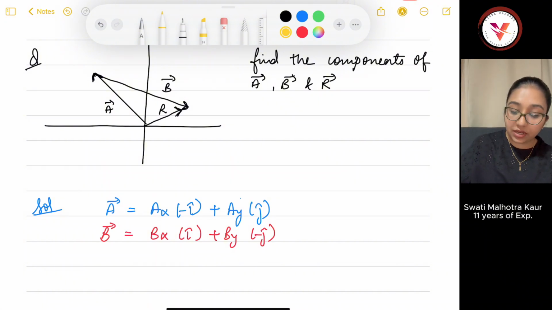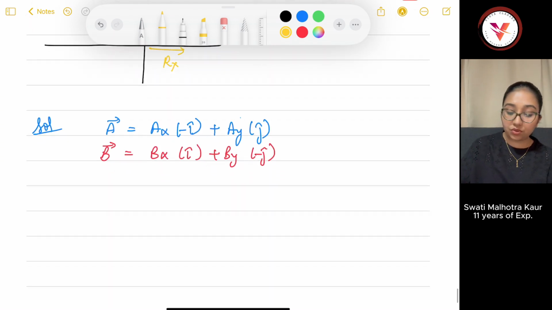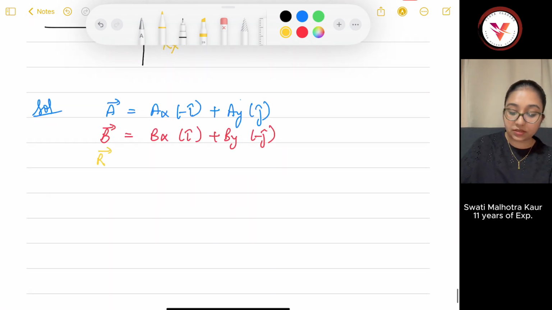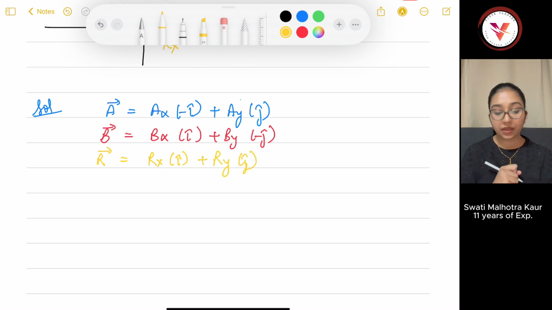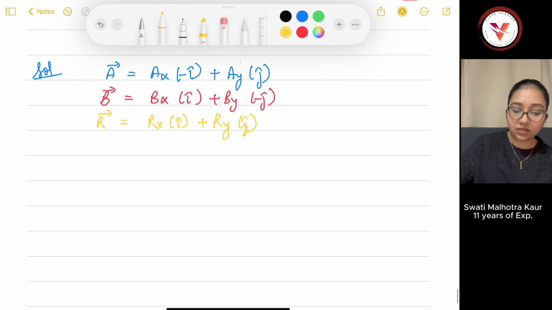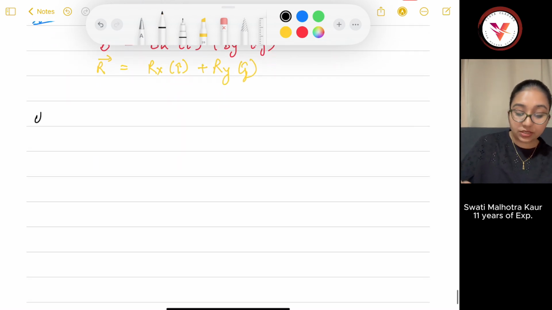So Rx would be here and Ry there. So your resultant vector would be Rx plus i cap plus Ry j cap. That's easy.